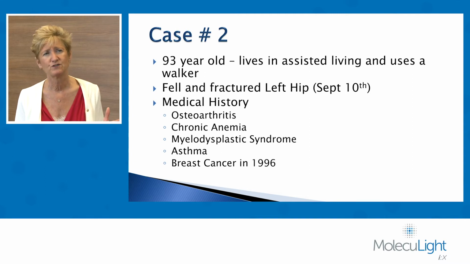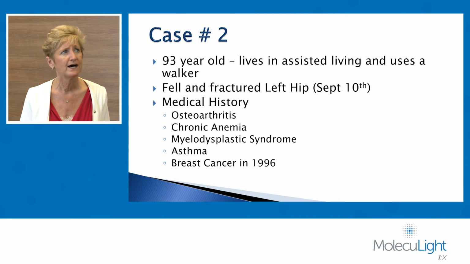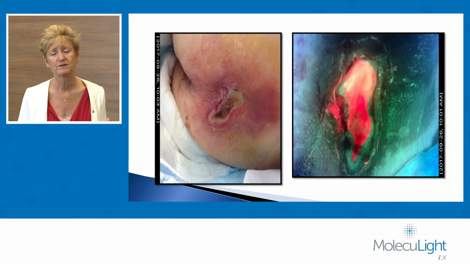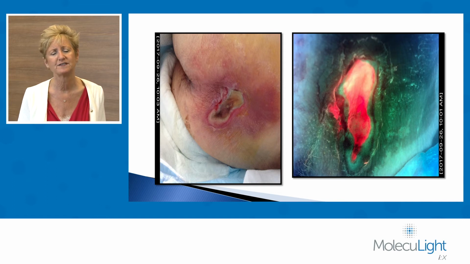As you can imagine, at 93, she had quite a complicated medical history, as listed there on the slide. So she was recovering from her fractured hip surgery, and there was talking with the discharge planning team of what were the next steps for her, where should she go, how was she going to manage her daily activities.